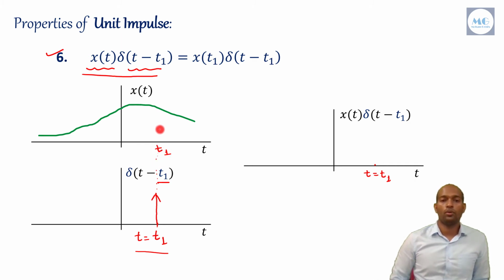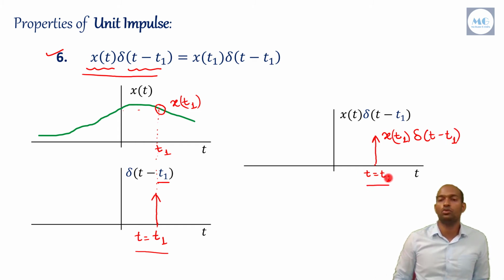Now the value of x(t) at t1 will be x(t1). This x(t1) multiplied with this function will come out just like this. This will become a weighted impulse. The weight of this impulse function is x(t1), and we can say that this whole function is x(t1) δ(t − t1), to show that it is at t = t1.